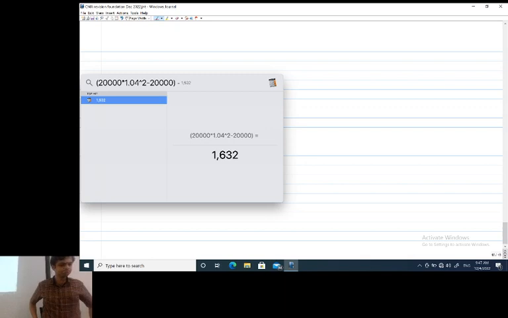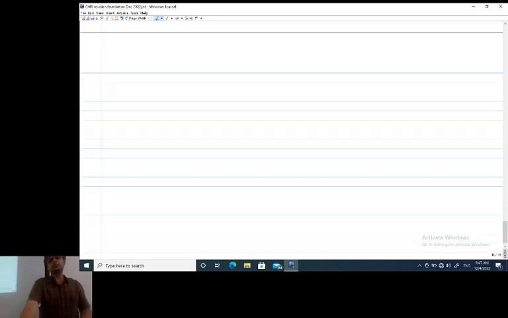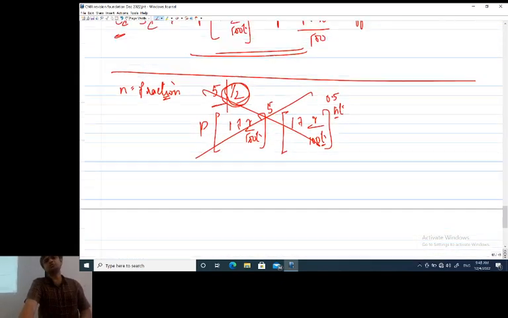Clear? All of you? So with this, your compound interest also gets complete. Any doubts?